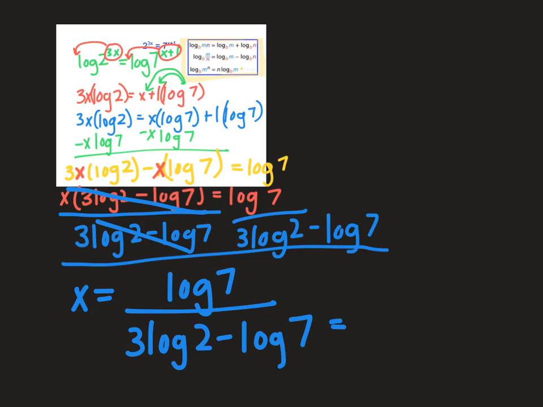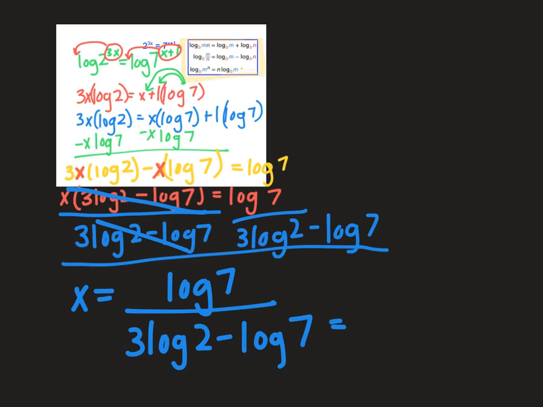Again, if I put that into my calculator, I would enter the top on its own, log of 7, equals, and then I divide it by, in parentheses, 3 log of 2 minus log of 7.